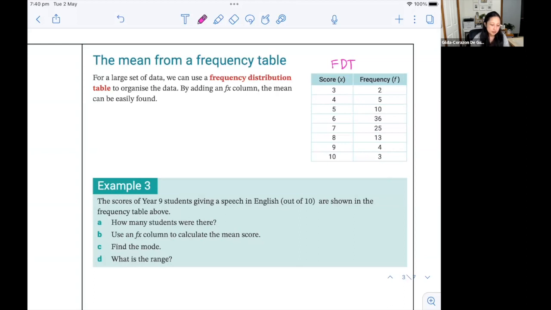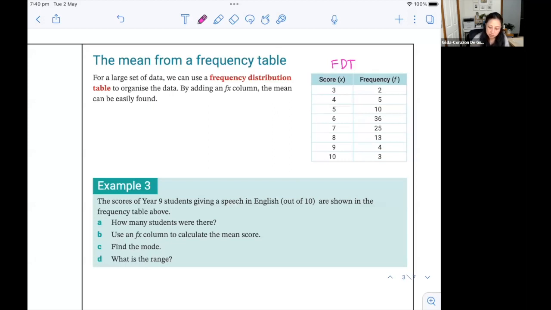All right, so for this example, it says the scores of Year 9 students giving a speech in English out of 10 are shown in the frequency table. How many students were there? Right, so your first step is for you to add the frequency, right?